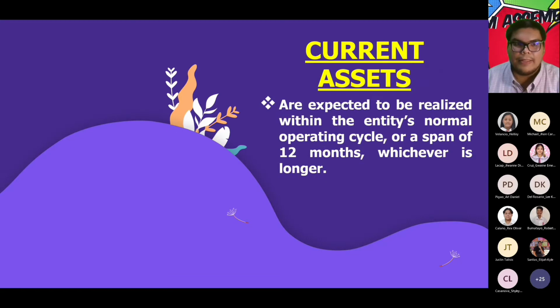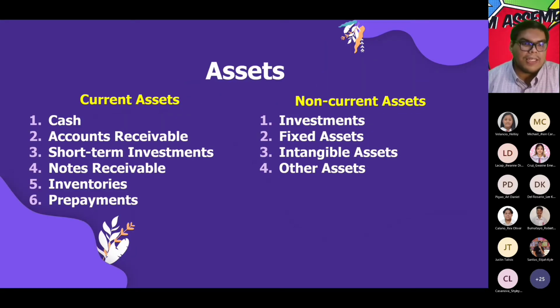Before we proceed, can someone tell me, ano po ba ang ibig sabihin ng cash? No, future FABM graduates or aspiring accountants. De Leon, ibig sabihin ng cash? Sir, ito po yung mga pera natin or yung bills, coins, ganyan po.